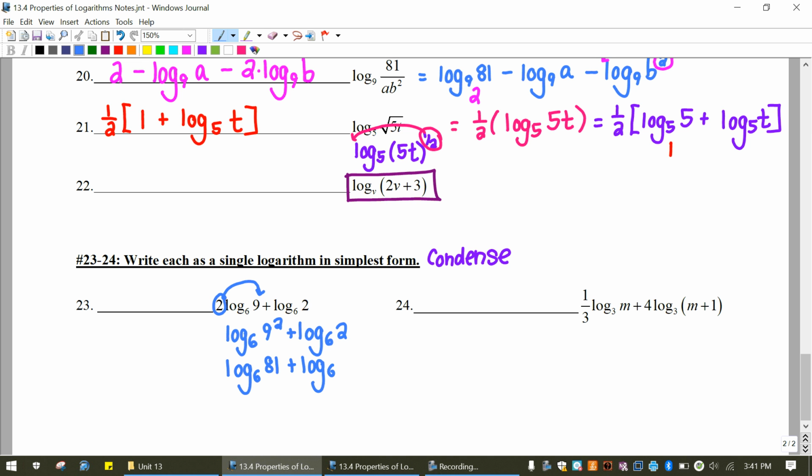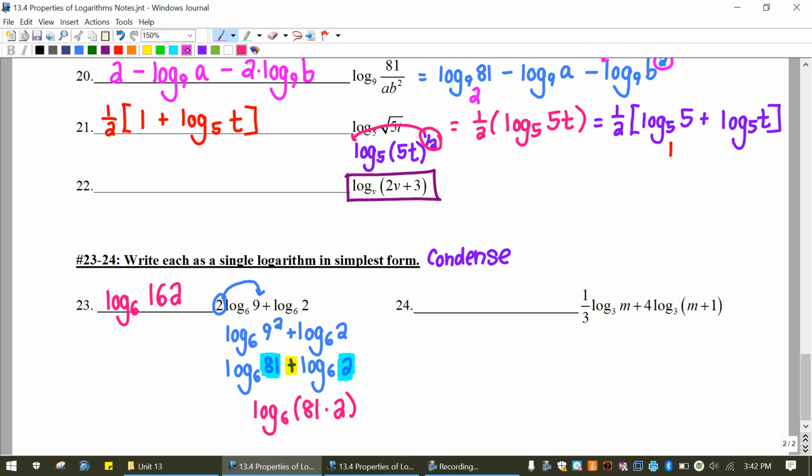And then I've got an addition sign here, which tells me that I need to multiply what I'm taking the log of in both of those separate terms. So log base 6, and this is going to be 81 times 2. So this is log base 6 of 162.